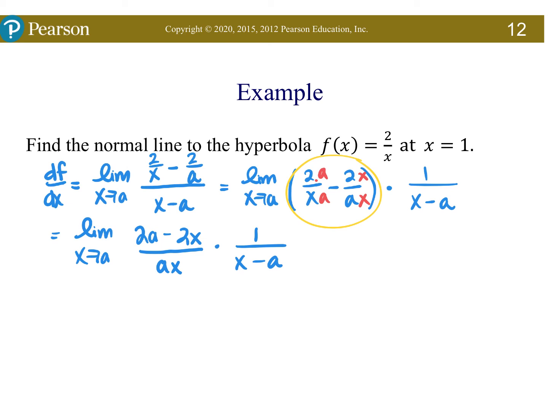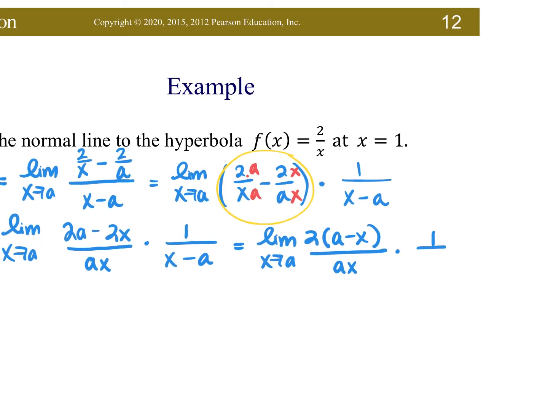What can I factor out that's common? The number 2. So that's going to give me 2 times the quantity a minus x, over the denominator ax, times that 1 over x minus a.